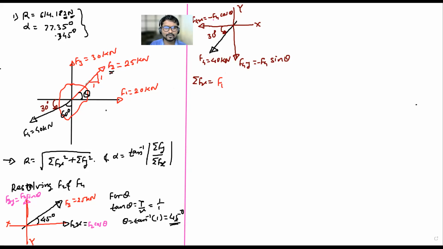F2 चा एक्स कंपोनंट म्हणजे या साईडला असणारा. ओके, दिस विल बी युअर F2x. सो प्लस F2x लिहितो मी. नेक्स्ट स्टेपला त्याला हे करून घेतो व्यवस्थित. त्याला याचा वाय कंपोनंट वरती असेल. दिस विल बी युअर F2y. F3 येणार का रे समेशन एफएक्स मध्ये? नाही येणार. मग नेक्स्ट कोण असणार आता? -F4x. F4 चा एक्स कंपोनंट.